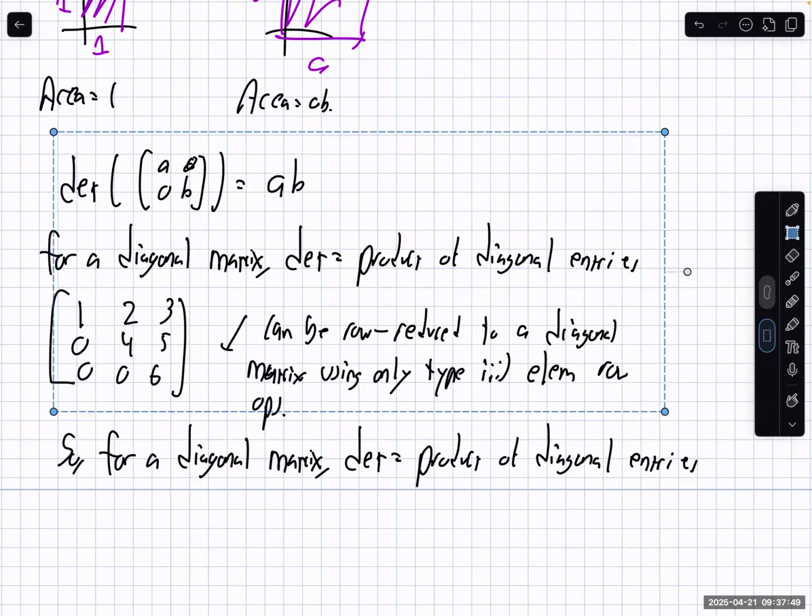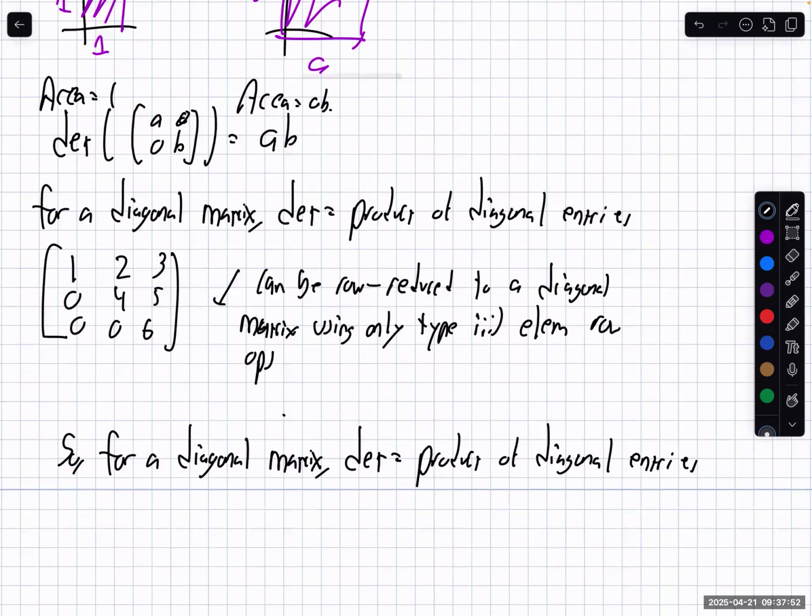Here, this is actually true for upper triangular. In chapter 1, we used elementary row operations until we got a matrix in reduced row echelon form. Here, when we're calculating determinants, we just have to get it to an upper triangular matrix.